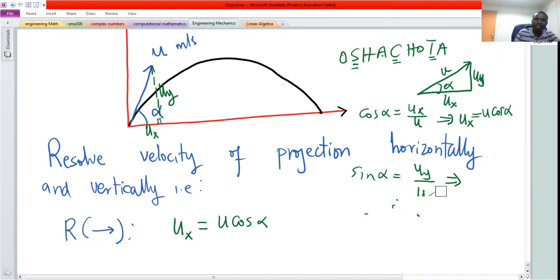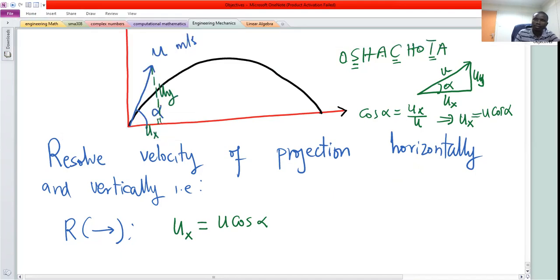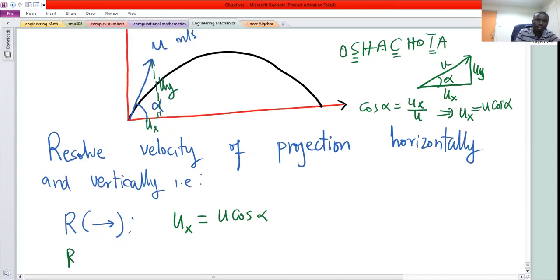So therefore, the horizontal component of the velocity will be ux equals u cosine of alpha. And the vertical component of the velocity will be uy equals u sine of alpha.